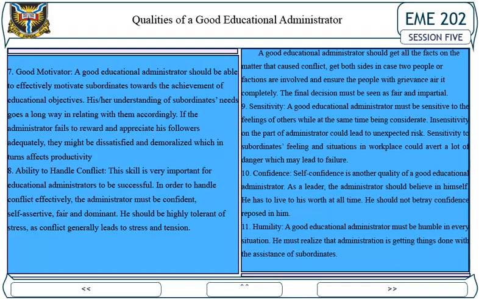Decisiveness. This relates to the skills needed to recognize and define the problem, and if possible, to anticipate problems before they get out of hand. A good educational administrator should be able to make decisions even when only partial data is available, so that his decision may be based on analytical and institutional judgment.